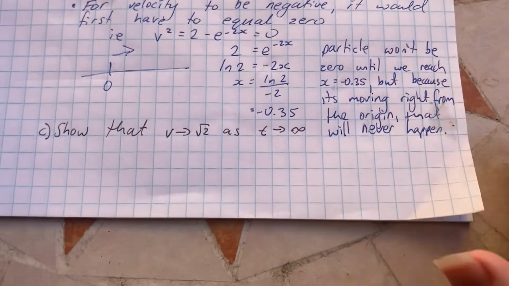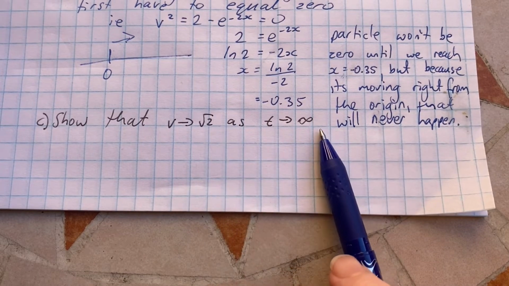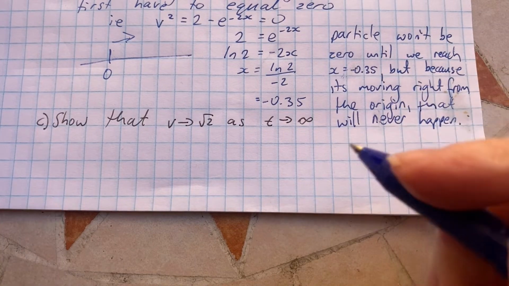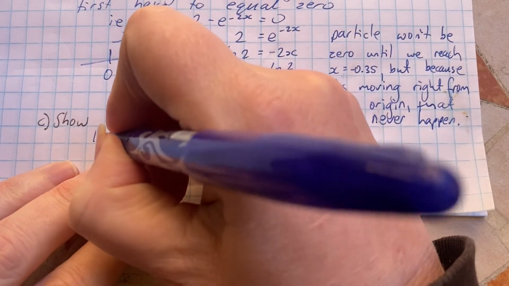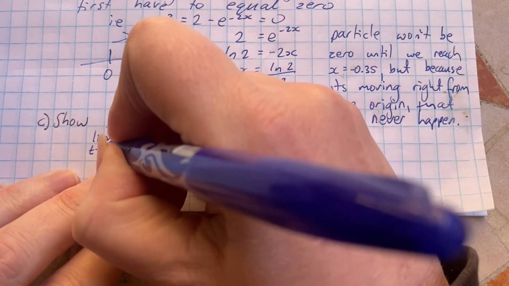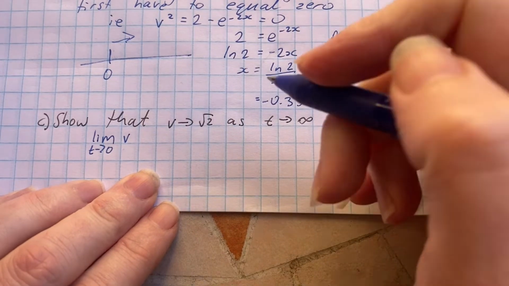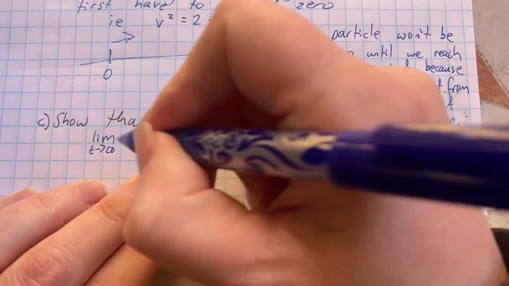Now part C is to show that v tends to the square root of 2 as t tends to infinity. So we want to find the limit of the velocity as t goes to infinity. Let's start by finding the limit of v squared as we go to infinity.